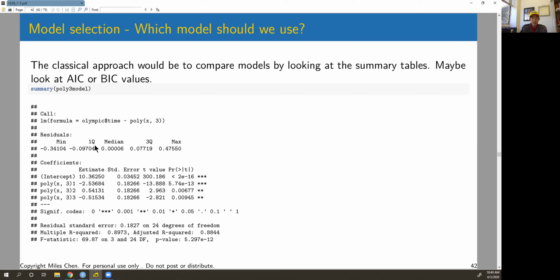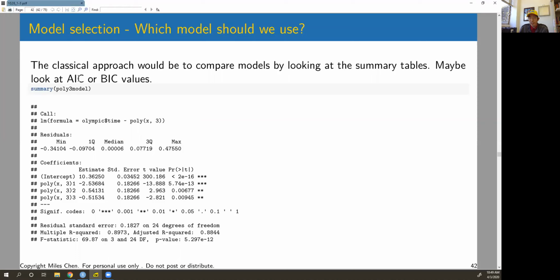And the classical traditional approach is you look at the summary tables, right? So here's the summary table for the polynomial of 3rd degree, okay? We're looking at each coefficient and we can see the first order term is highly significant, the second order term is significant, the third order term is significant, so maybe a third order polynomial is good, okay?